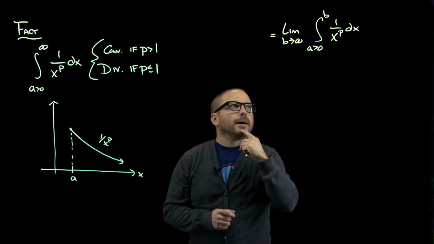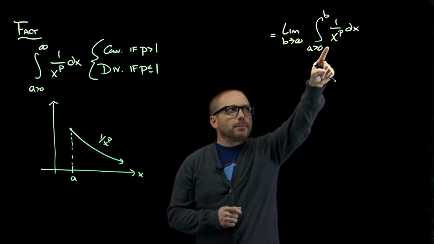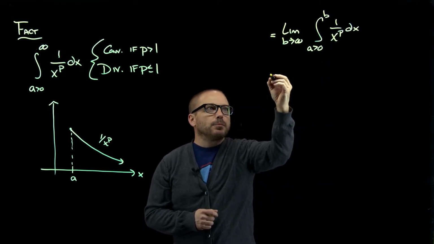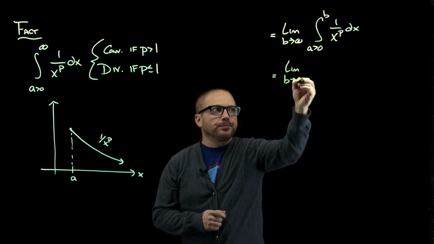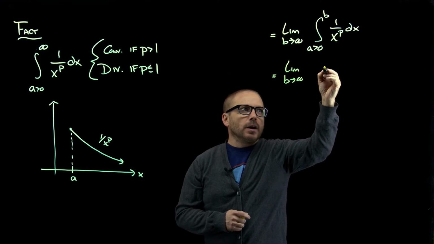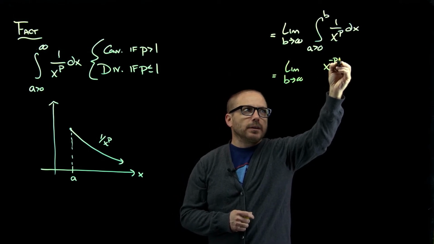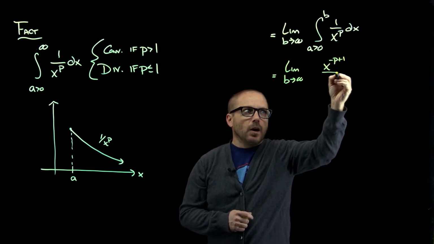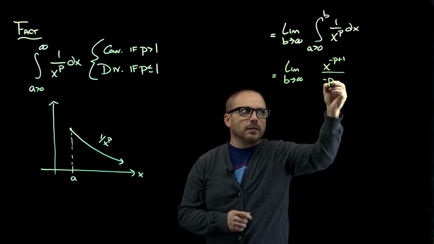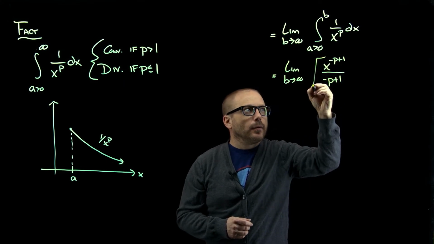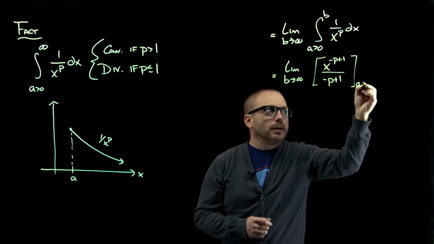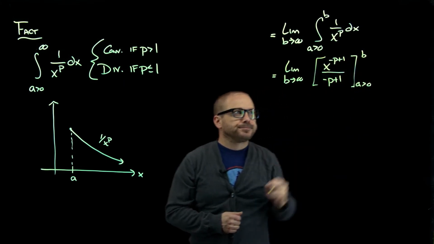So it's probably best to think of that as x to the negative p. So from power rule, you raise that by 1. So that's x to the negative p plus 1 over that exponent. So I'm just doing power rule there. And then we're going to go from some positive a up to b.